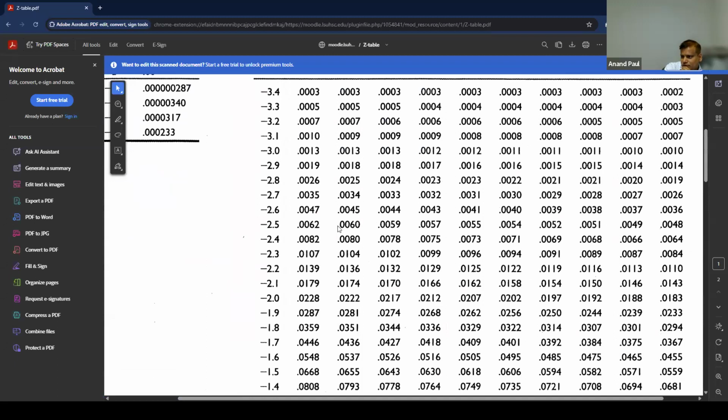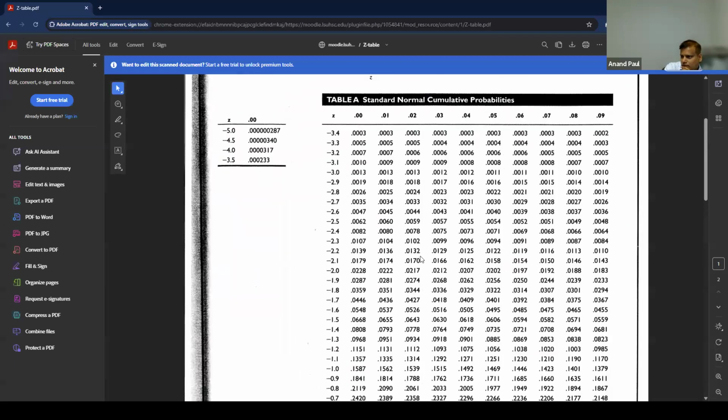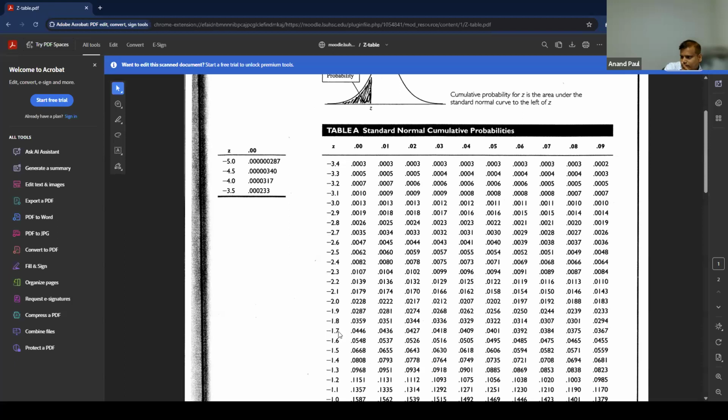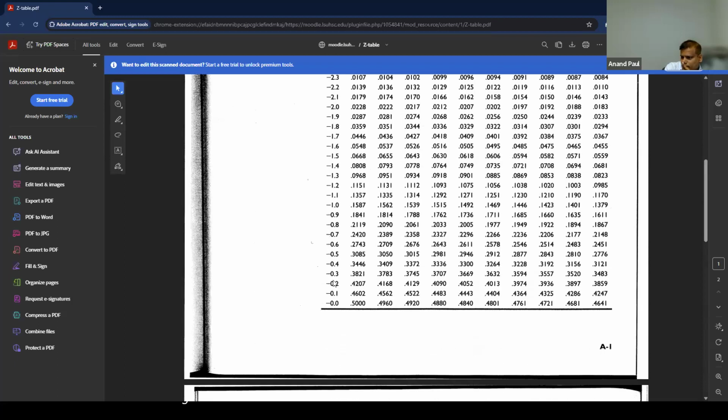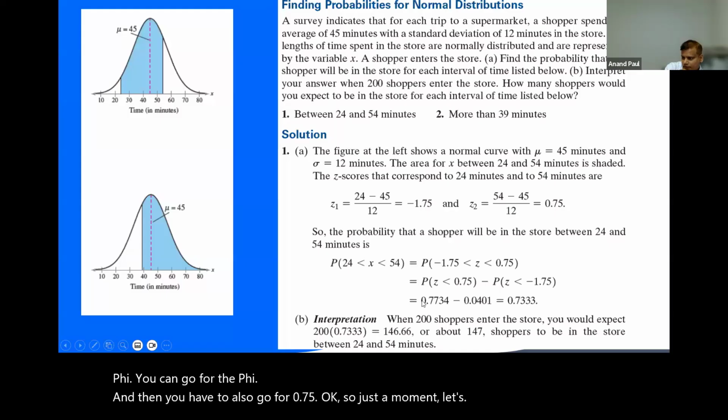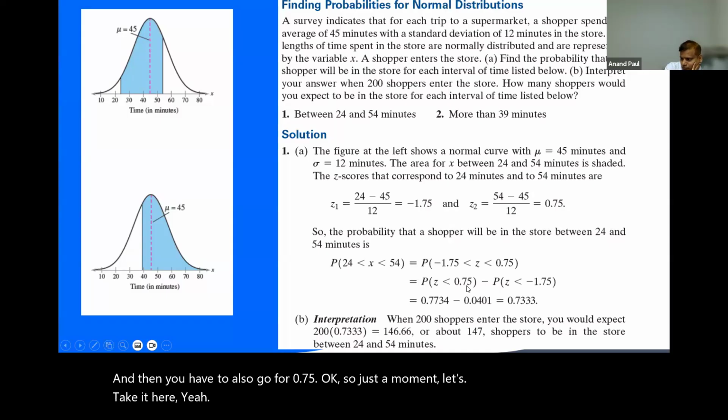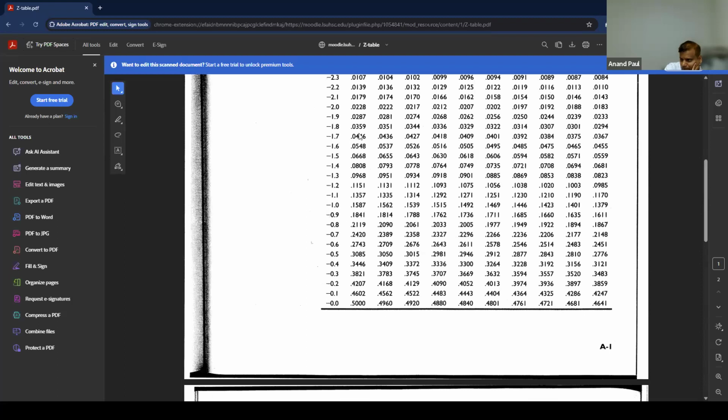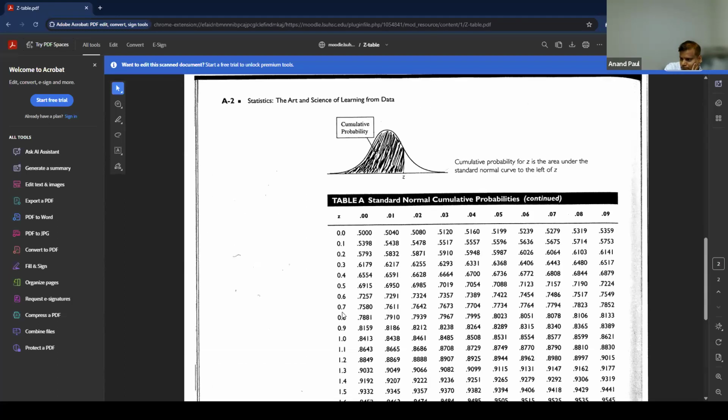So for minus 1.75, you can go for the 5. And then you also have to go for 0.75. Okay, so let's look at 0.75. 0.75 is 0.7734.